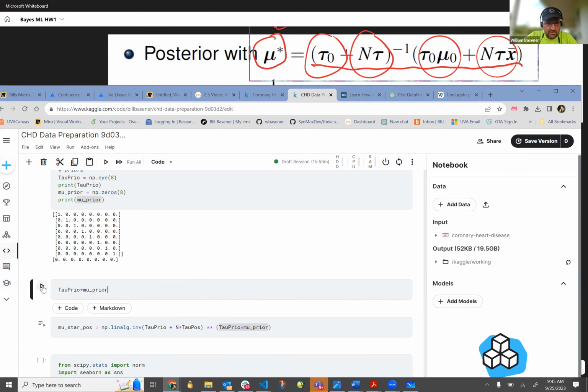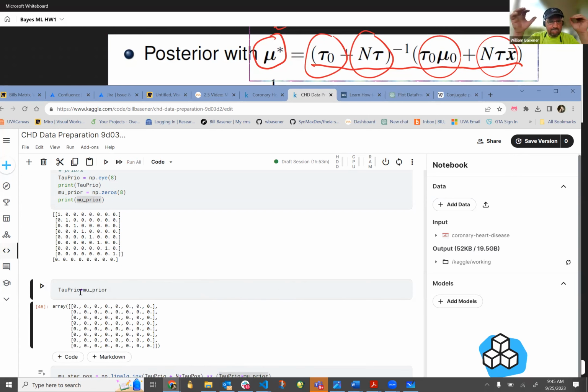I think this is going to fail. Okay, so it didn't fail, but it didn't get me what I expected. Precision matrix times vector should give me a vector. The left-hand side is a matrix, and multiplying that by this vector, we should get a vector out.